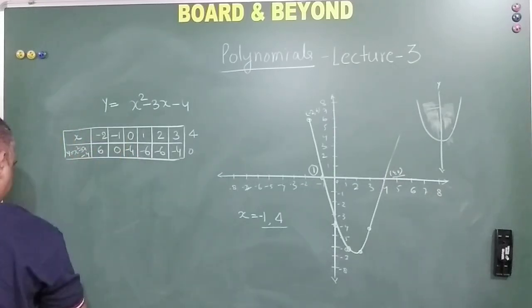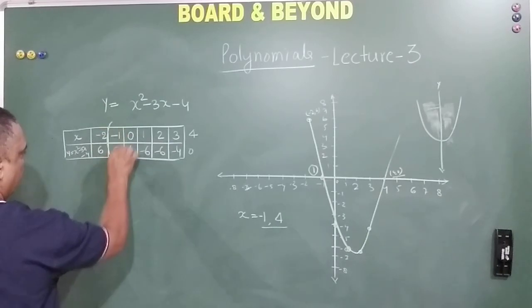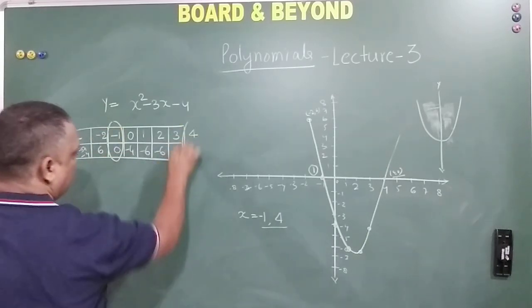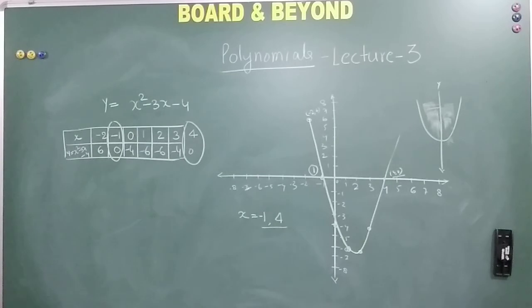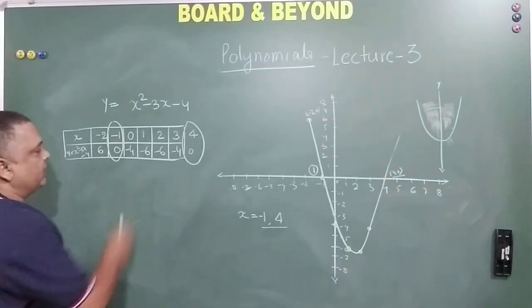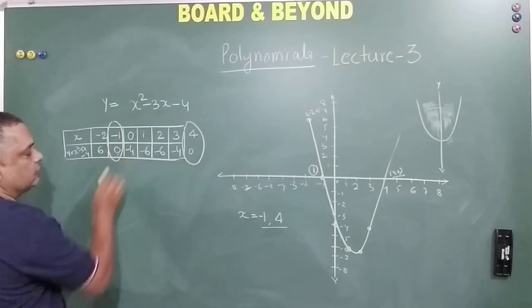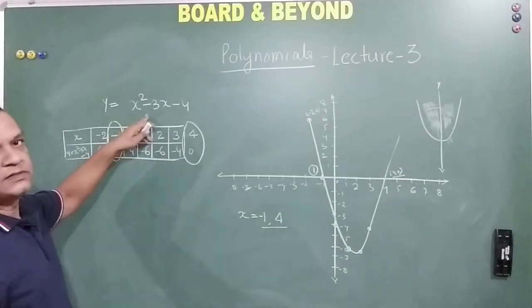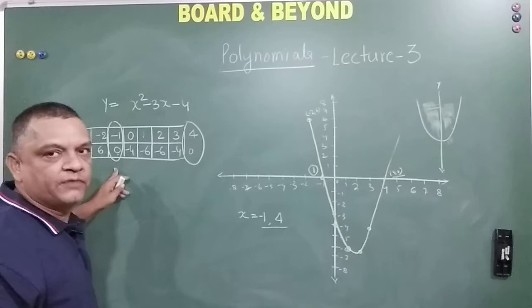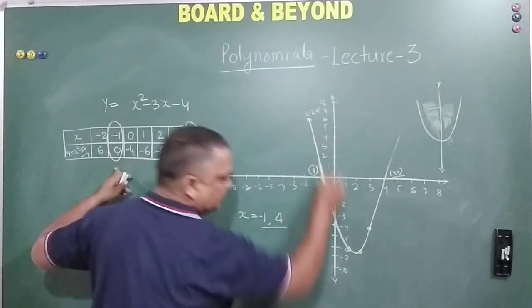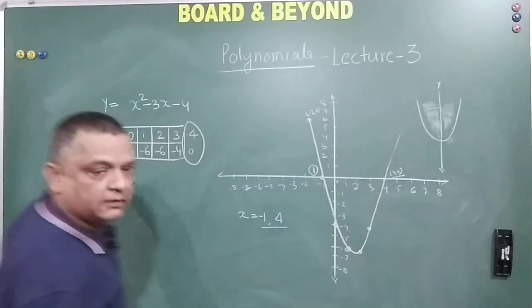Just observe this, whatever I am encircling in yellow. You are able to get it? See, for x is equal to minus 1, y is equal to 0. So f of x is becoming 0. That means that is a root of a polynomial, which is evident from the graph as well. Right?